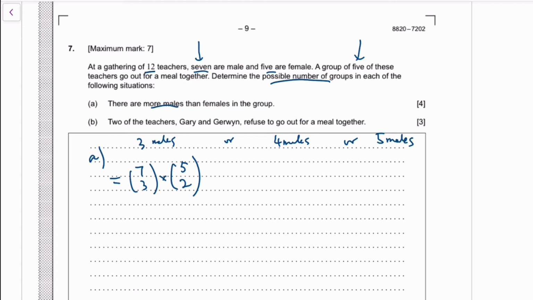By the way, this is C, not P, because when you just choose out to get a group, the order doesn't matter, right? Then plus, you could have 4 males, so it's really similar, 7C4 times 5C1, or you get 5 males. Always plus, okay? I'll save some time and will not punch in to the calculator.